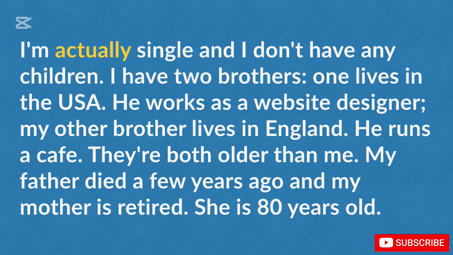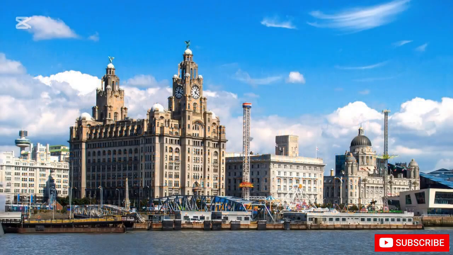So the word actually here is used to emphasize a fact, but it's a fact that is maybe slightly unusual or surprising. Let me give you a better example. This is a picture of the town Liverpool. Now, what football team do you think people in Liverpool support? Well, of course, it's Liverpool, but you might support a different team.